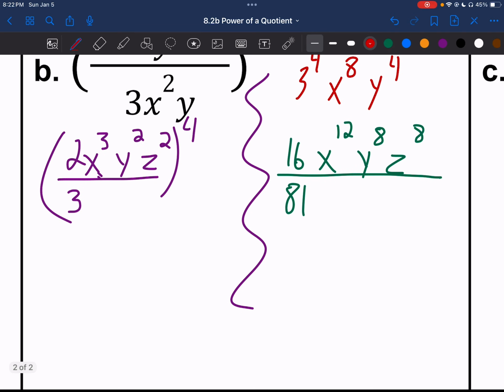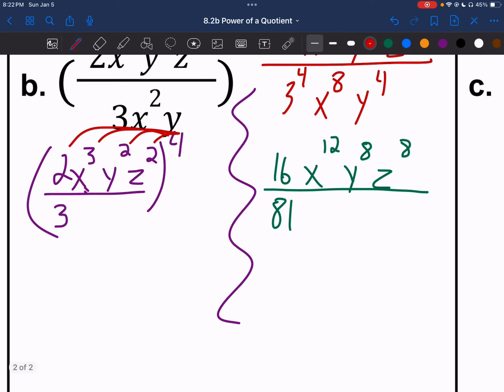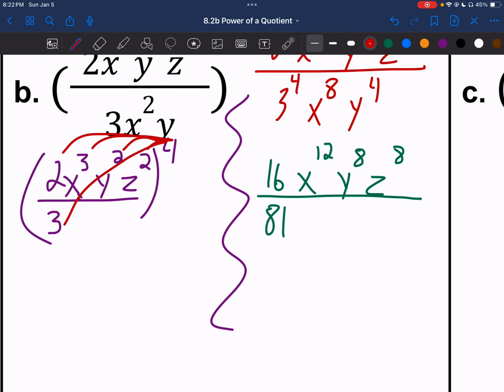Now, if you do the division, you're doing the same thing, but it's already been simplified for you. So you're still going to get 16 x to the 12th, y to the 8th, z to the 8th over 81.